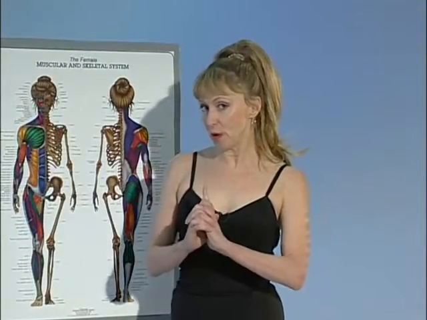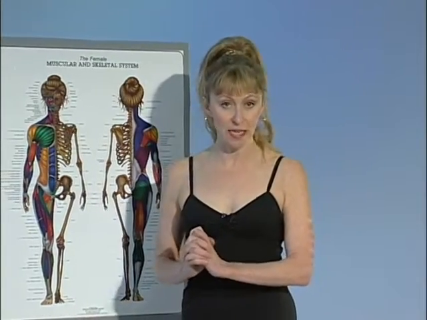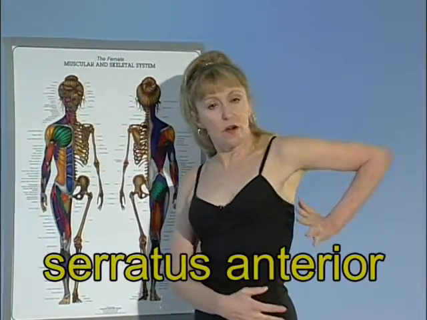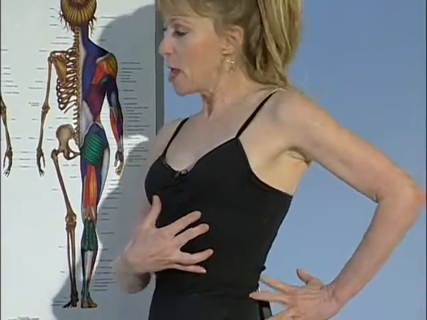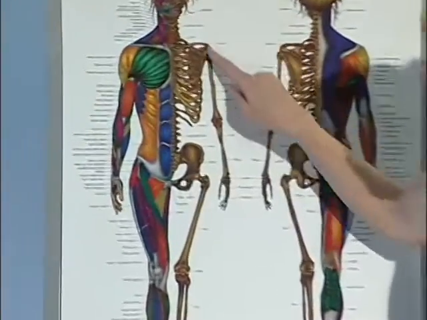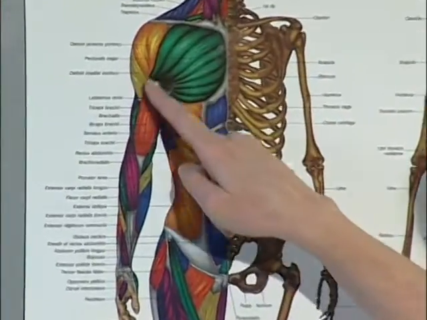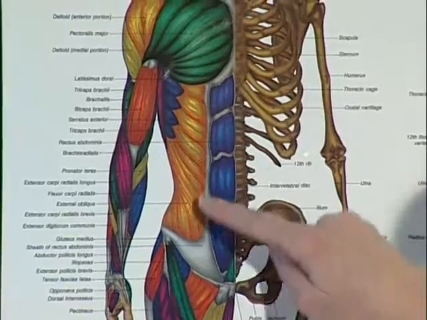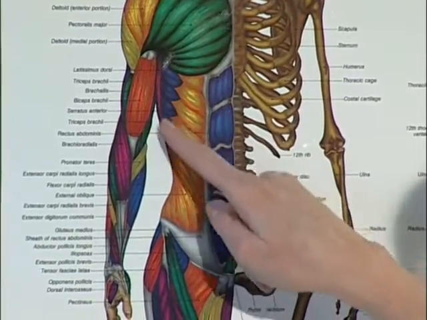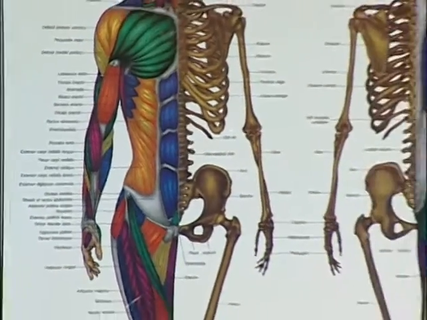Another muscle that's very important to us is the serratus anterior. The serratus anterior comes from our backs and wraps around this way. So on this chart, on the anterior view, if you see this little blue area right here, on top of that abdominis, that muscle right there is part of the serratus anterior.